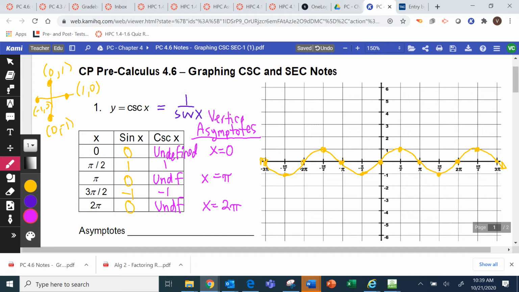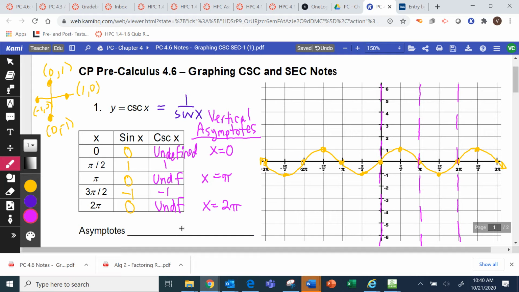Asymptote at x equals pi, at x equals 2 pi, I'm going to put a vertical dashed line. So it's there, but it's going to help me graph cosecant, because the graph never passes through it. So it's going to help me graph it.